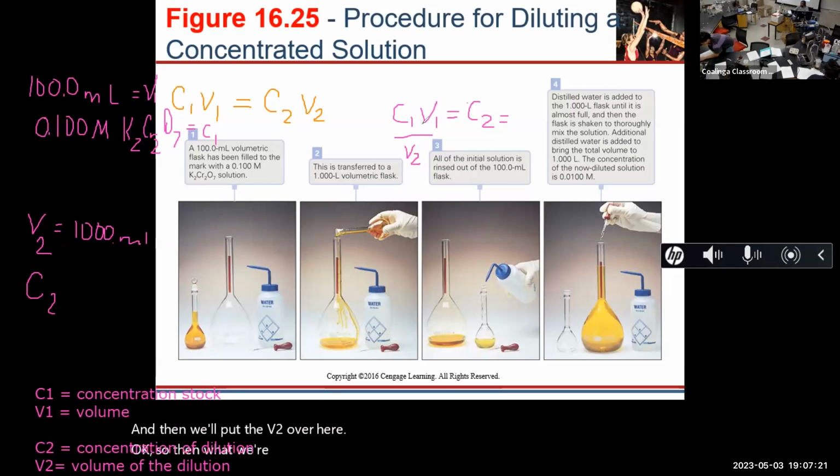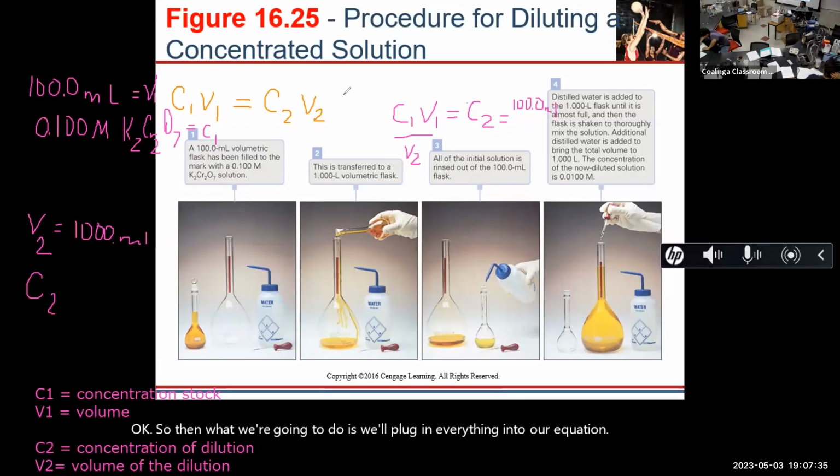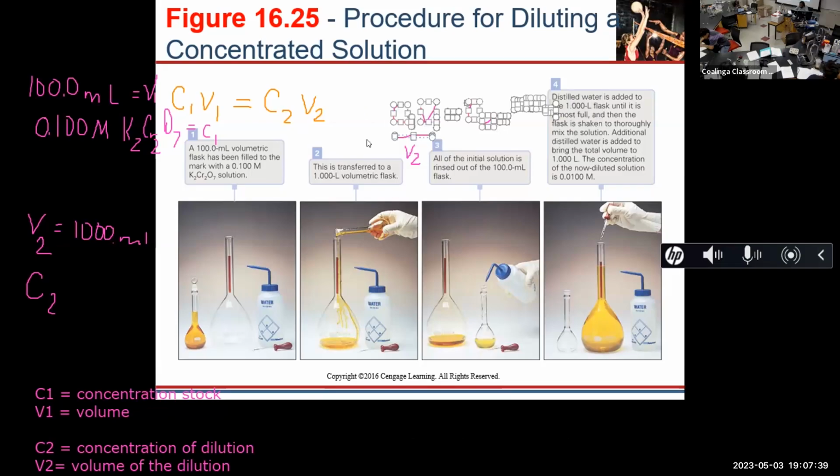Okay, so then what we're going to do is we'll plug in everything into our equation. 0.100 molar times 100 milliliters.